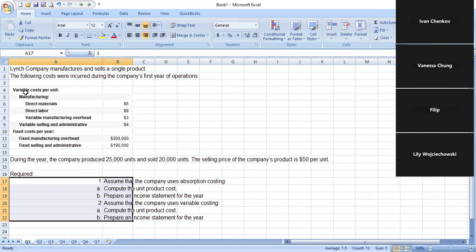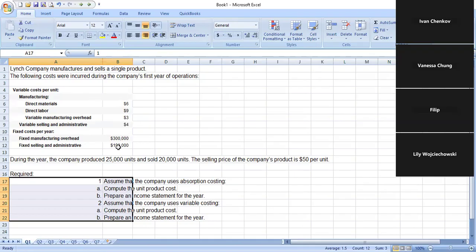So when you see first year of operation, what does that mean to you? That means there's no beginning inventory balance, so whatever they did in this year is the only thing they did. We're going to see the variable cost per unit and the fixed cost for the year.